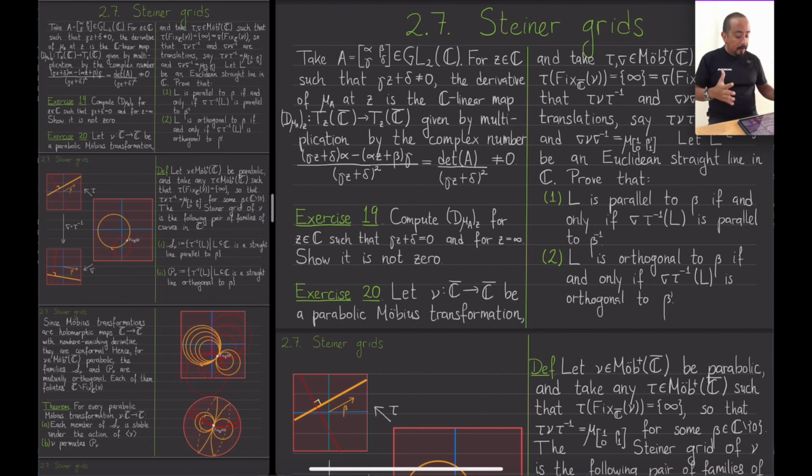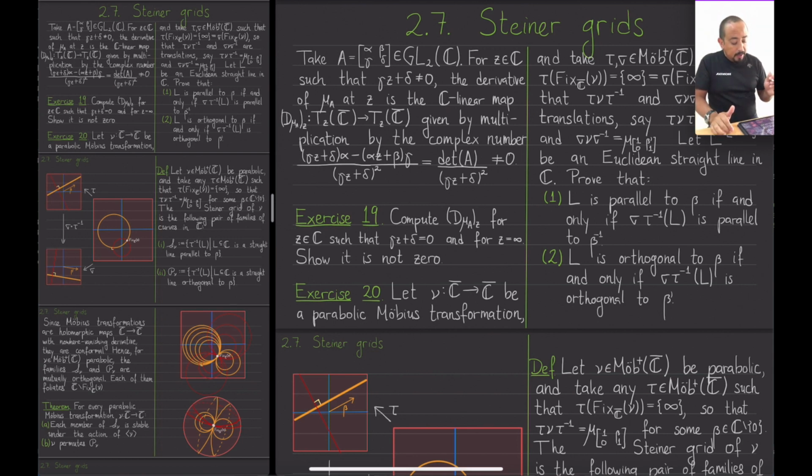That is, if I have two curves in C bar that intersect at a certain angle, and I take their images under the Möbius transformation, then when I measure the angle at the image of the intersection point, it gives me the same angle as originally. In particular, if I have two orthogonal curves, their images are orthogonal.